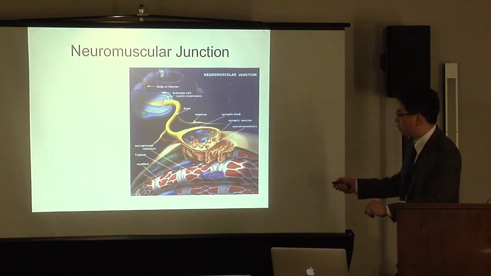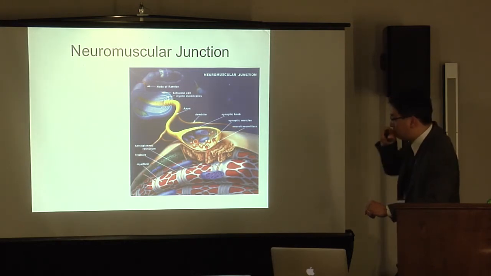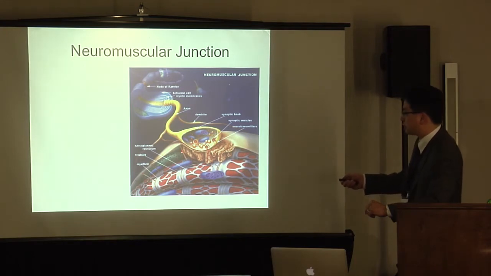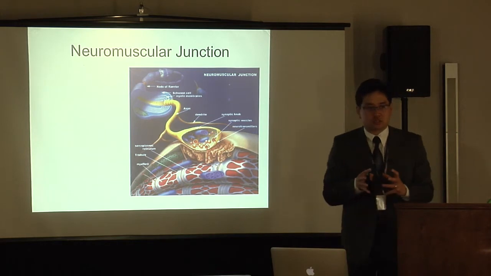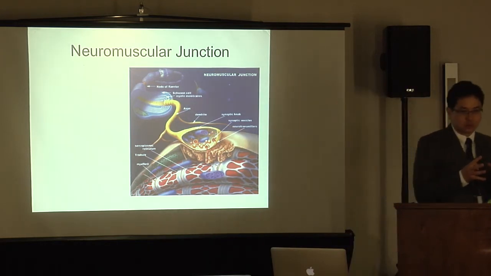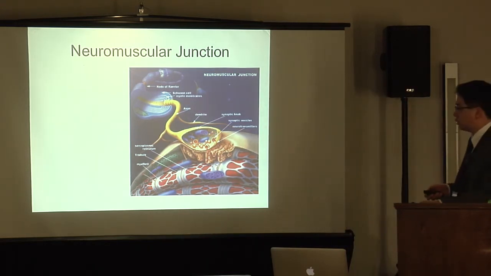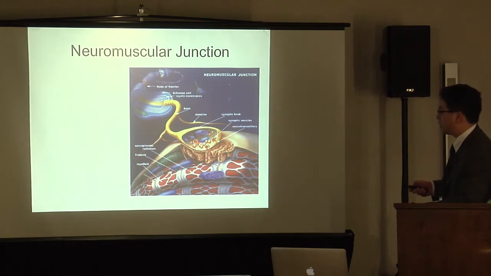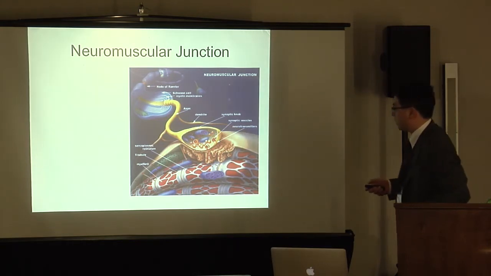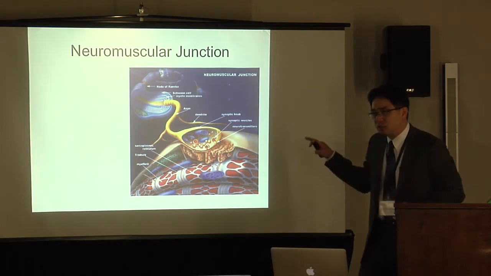So these are messengers that are going across here to activate the muscle on this side. The little messengers that are packaged in these little balls, which we call vesicles, are acetylcholine. So these are what we call synaptic vesicles. So that's the communication mechanism.